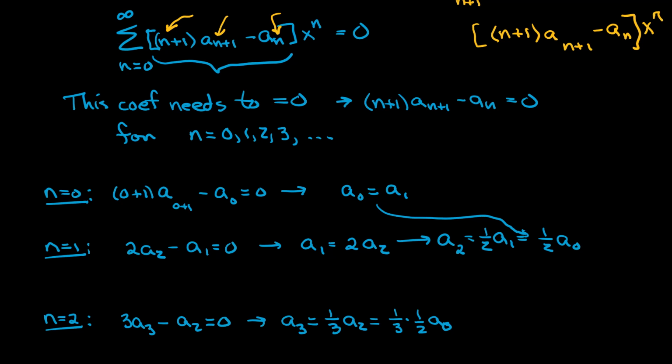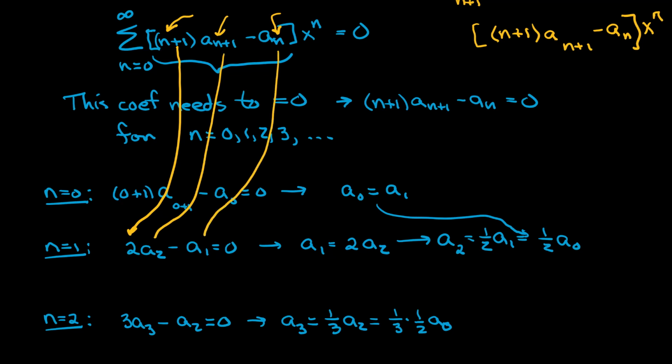Next, I'm going to set the n value, the index, to a value of 1. As we did in the previous example, I'm now going to introduce 1 for n in the top line on the screen. So that's going to give me 1 plus 1 is 2. So this is going to give me the 2. A sub 1 plus 1 is going to give me a sub 2. And then minus a sub 1 is going to give me my a sub 1.